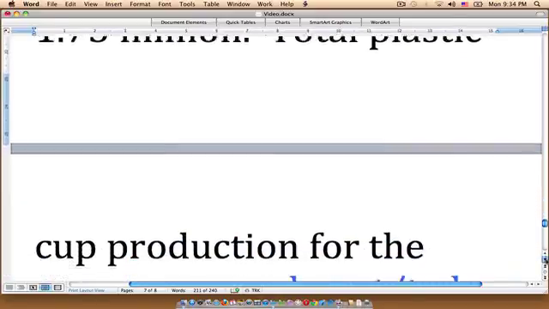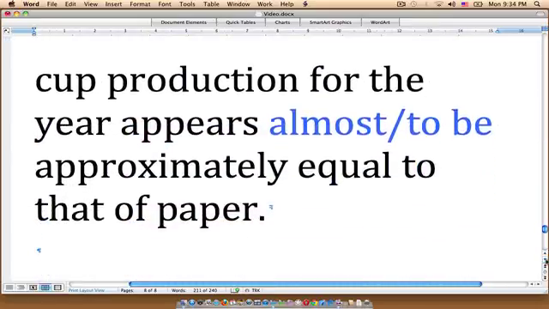Total plastic cup production for the year appears almost approximately equal to that of paper. Or total plastic cup production for the year appears to be approximately equal to that of paper. And here the answer would be "to be."